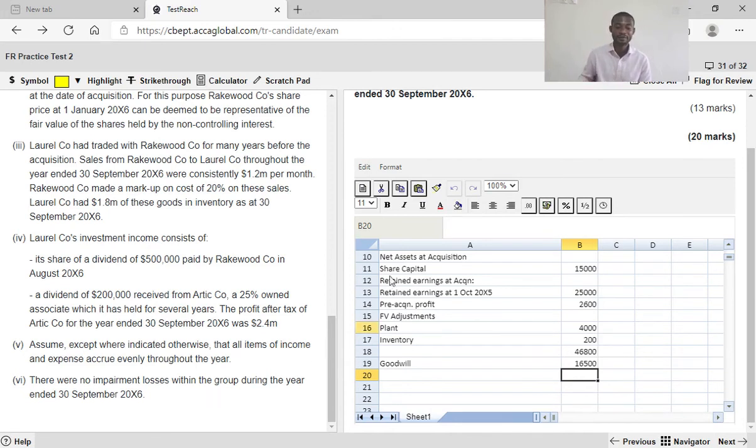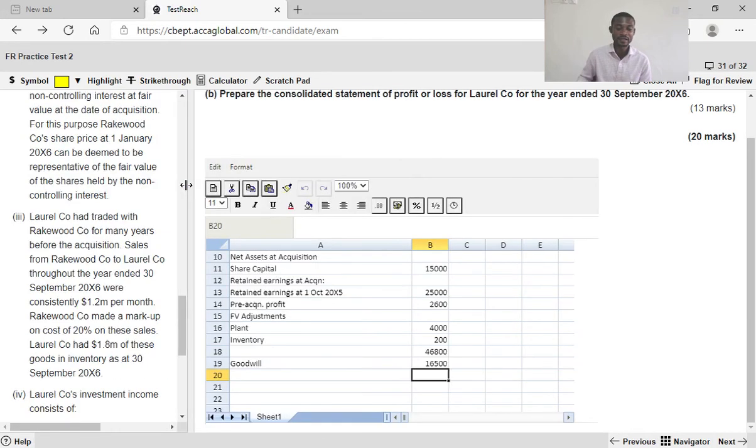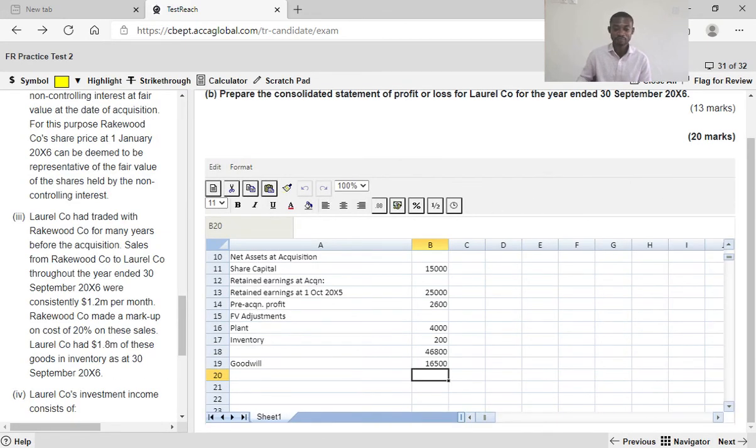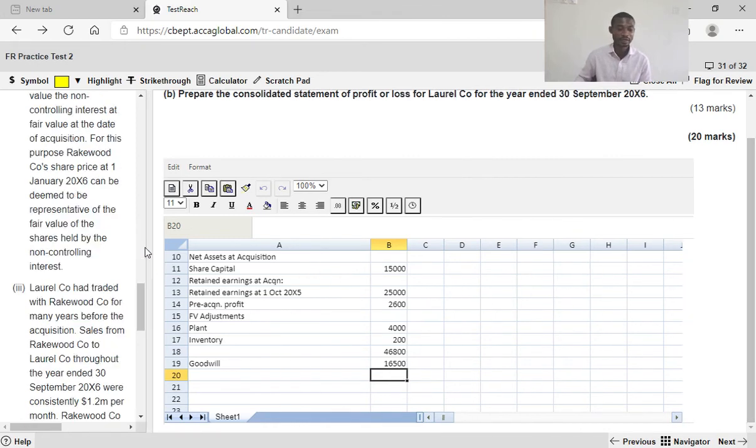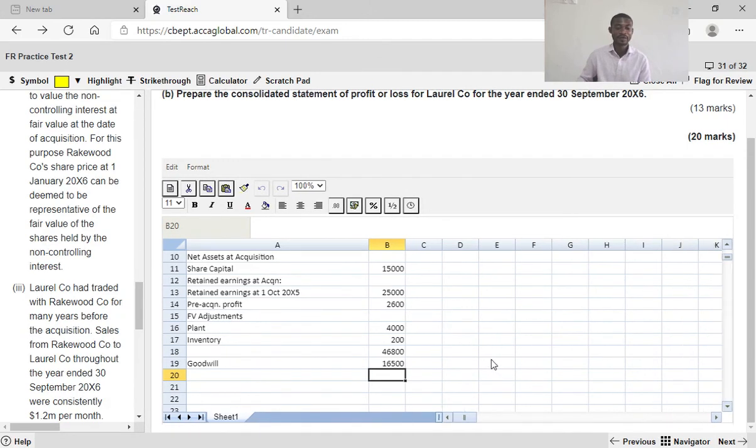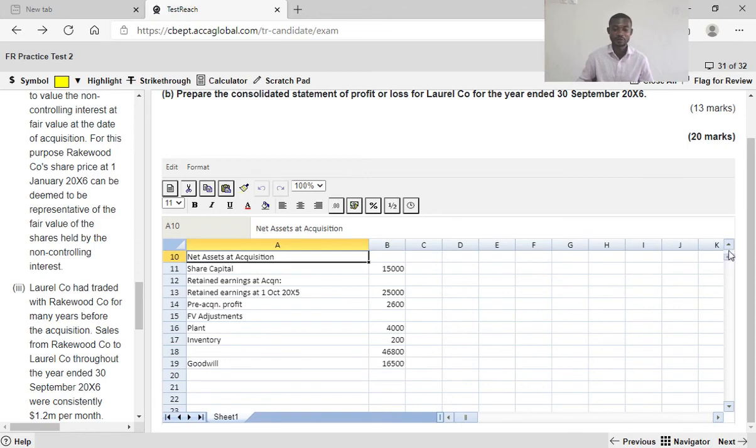So for this question, have a look at the calculation again. I'm just going to widen the screen so you can see it clearly. So this is our goodwill calculation for Rockwood, the acquisition. Very simple. Keep it simple. So I'll just bold everything here for you to have a look at.